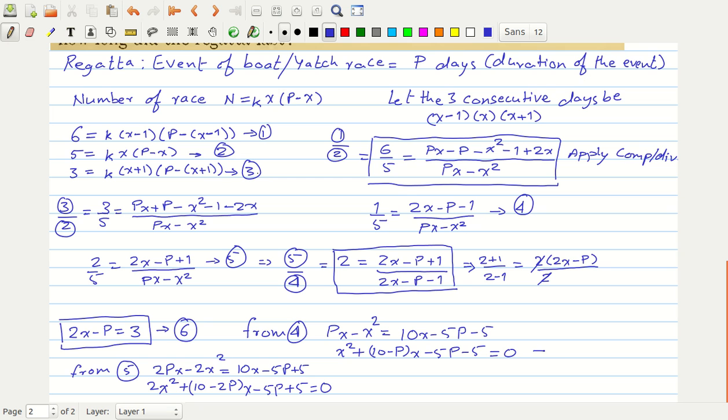So, if this was equation number 7, this was equation number 8. We know that 7 and 8 are equal, both are equal to 0.